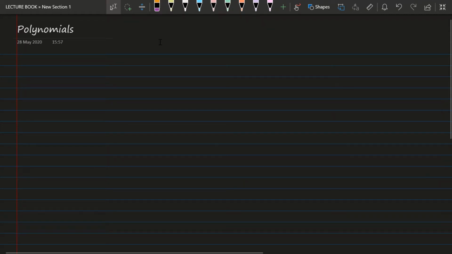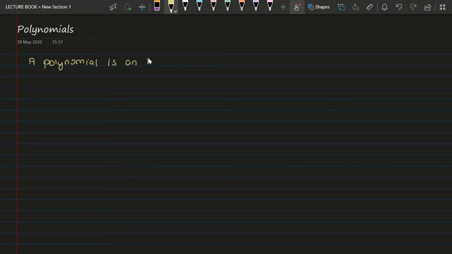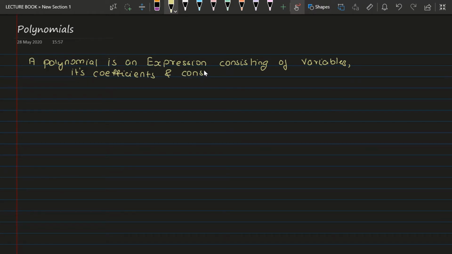Write the definition along with me, okay? A polynomial is an expression consisting of variables with coefficients and constants.